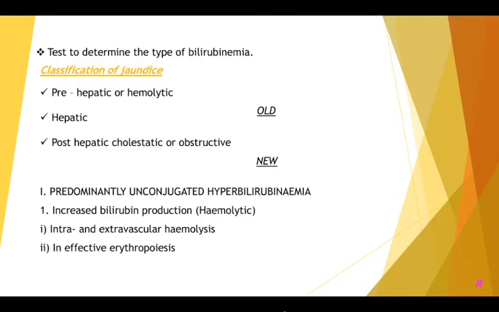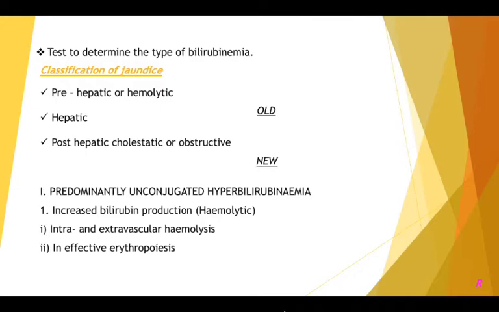What we can do is take the urine sample of the patient and test for the presence of bilirubin. If bilirubin is present, it means it is unconjugated hyperbilirubinemia, because only unconjugated bilirubin can get excreted through urine, because only unconjugated bilirubin is getting absorbed by the kidney, not conjugated.